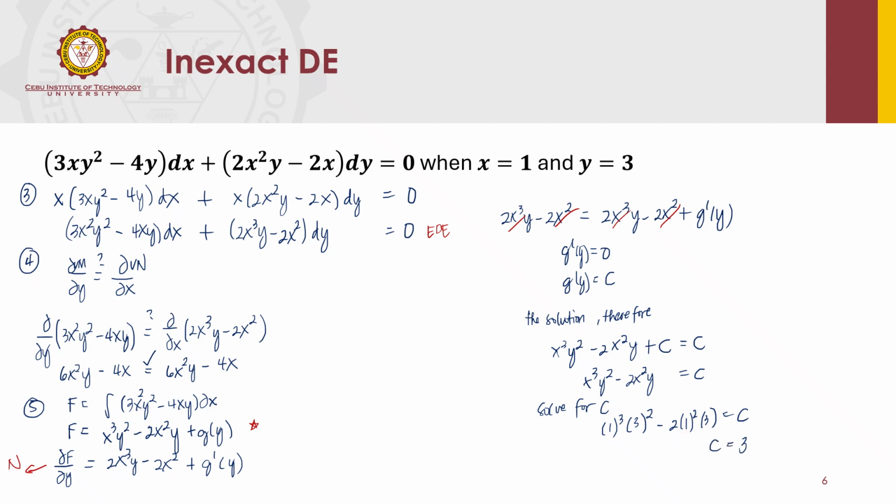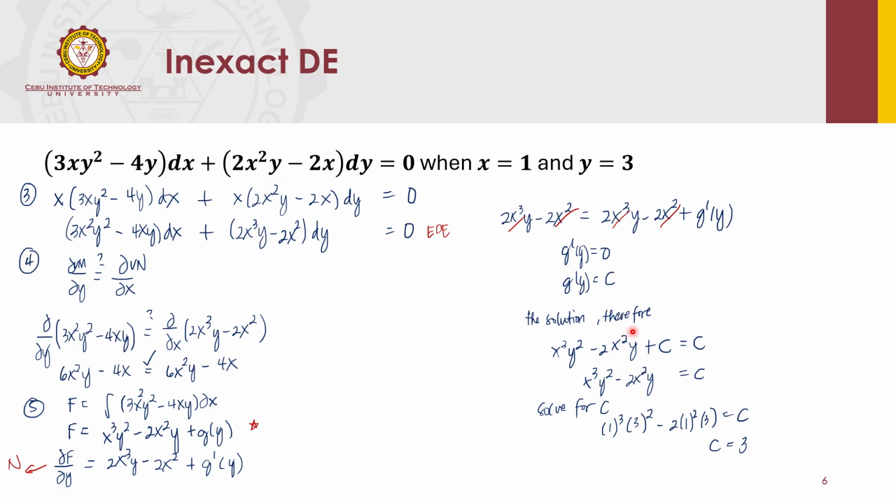So we're going to plug it into this equation here. Okay, so if we're going to plug in the value of c, the value of f is going to be equated.